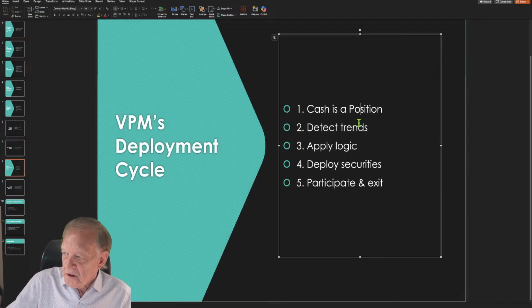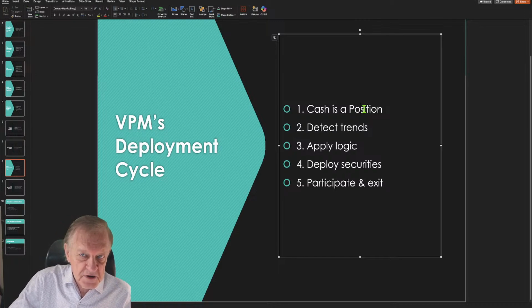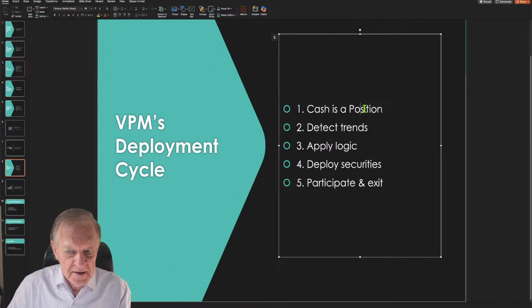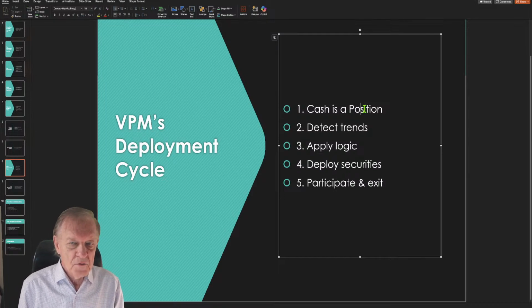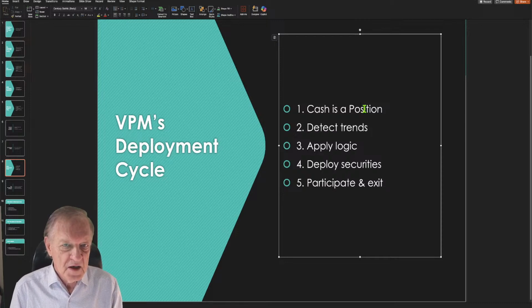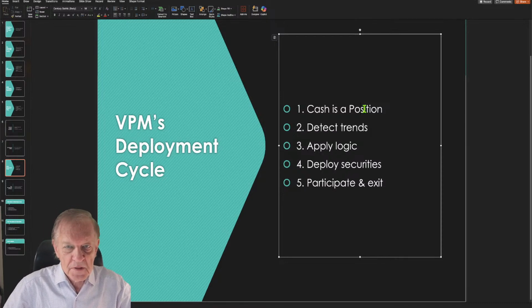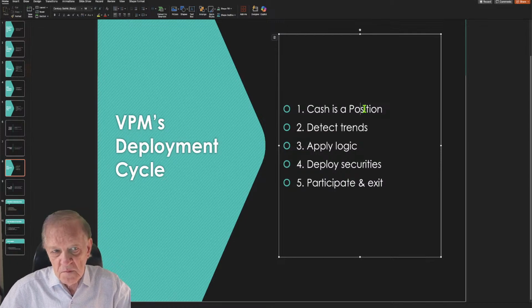The whole idea and concept is to detect the trends. So this is the steps. Cash is a position. This is something I've been teaching investment managers for years. I was really excited at first when we met Kathy Wood back in the day, when all the meme stocks were going crazy and Kathy was on top of the world from a performance standpoint. But one of the things I saw in her offering was I think she could go to like 50% cash or something.